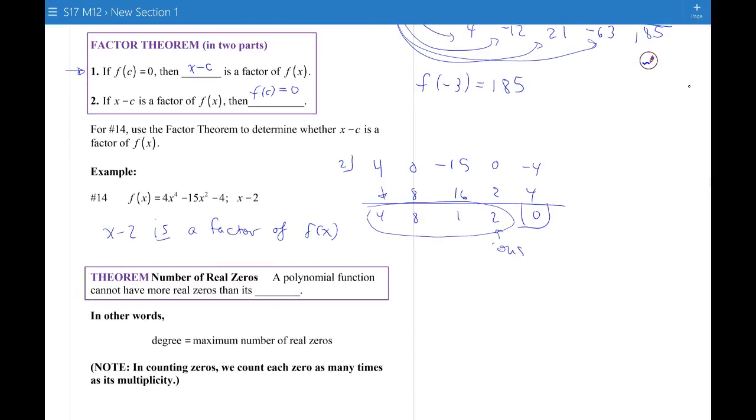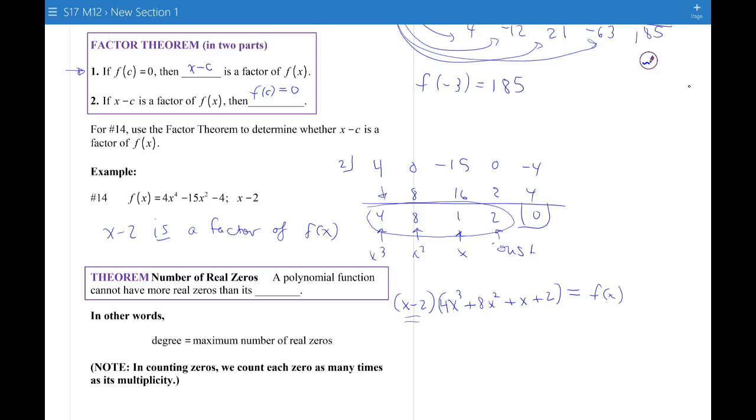So this is the constant, this is the x term, the x squared term, and the x cubed term. So x minus 2 is a factor, and the other factor is 4x cubed plus 8x squared plus x plus 2. You could check by multiplying back together that that should equal f of x.